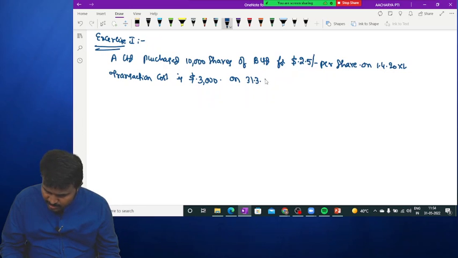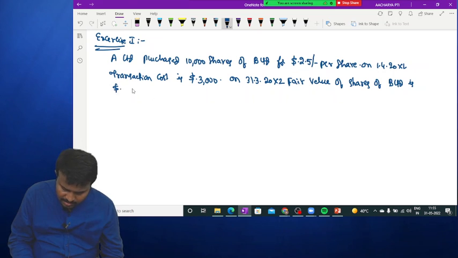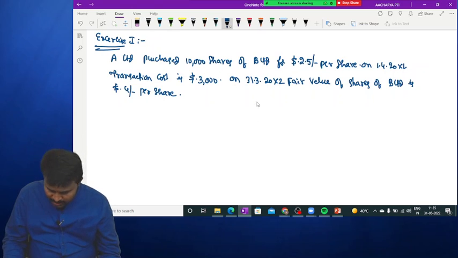On 31st March 20X2, the fair value of shares of B Limited is $4 per share. Then what is the treatment?